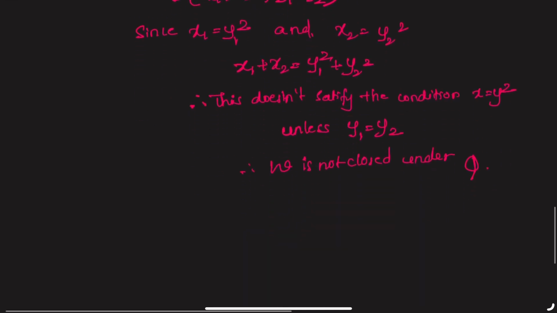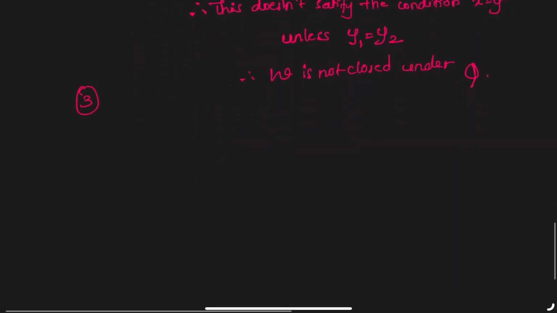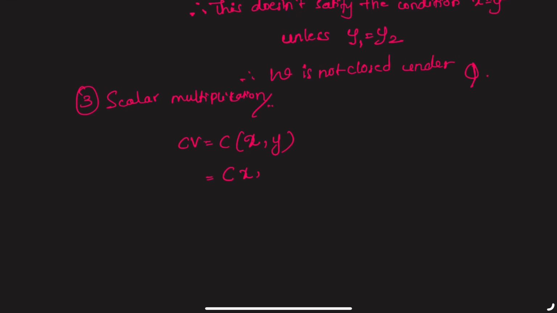Now let us check scalar multiplication. What is the formula? That is c times v. Let's take the vector (x, y) in W, meaning x is equal to y squared. Then (cx, cy) gives cx equal to (cy) squared.